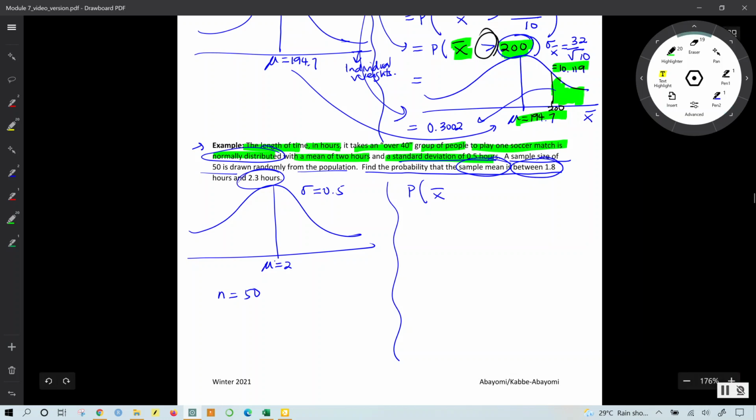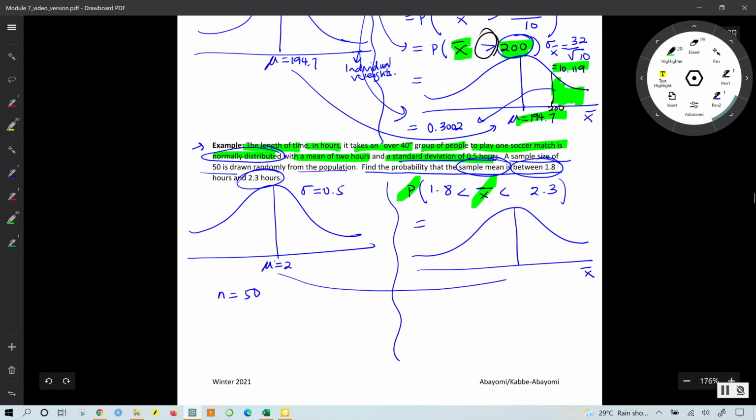So this time I will need to adjust this. This will be between 1.8 and 2.3, squeezed in between. This is a probability concerned with the sample mean, so I will need to derive the sampling distribution of x bar. That entails two steps. Finding the mean: it will share the same mean as the parent distribution.